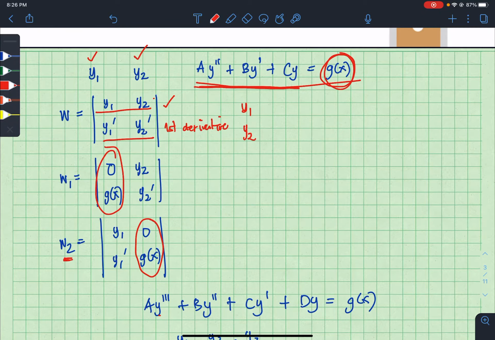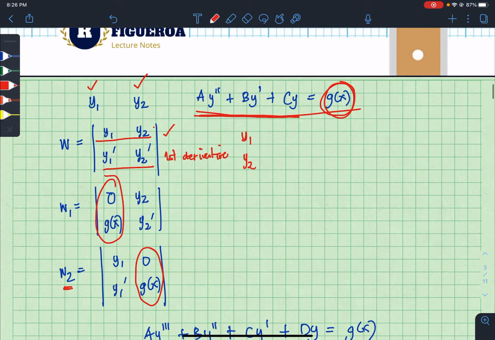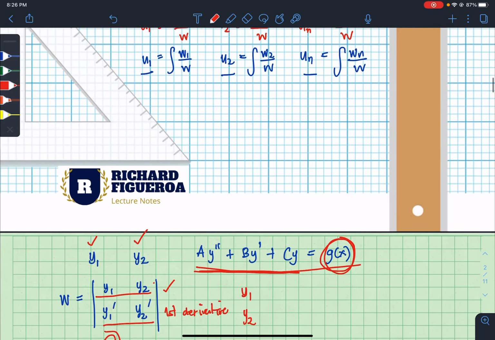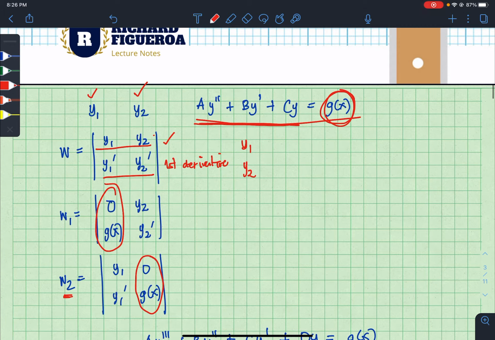So we're just going to find the determinant of the given matrix, which is the Wronskian method. And then afterwards, we divide w sub 1 by w to get u sub 1. W sub 2 over w would give us the u sub 2.